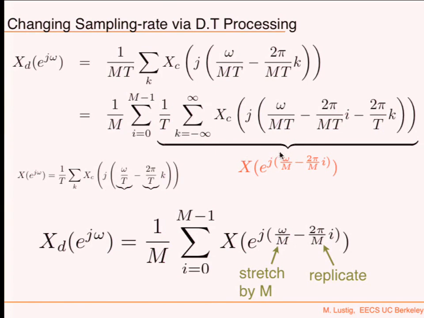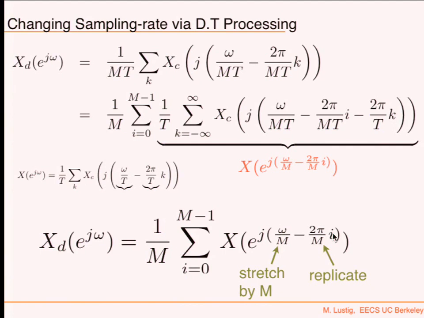So this is effectively X, e to the j omega over M minus 2 pi over M times i, instead of X_c. If I do that, then I get that X_d, e to the j omega equals 1 over M times the sum over i equals 0 to M minus 1, so just the sum over how many downsampling I'm going to do, of X, e to the j omega over M minus 2 pi over M times i.